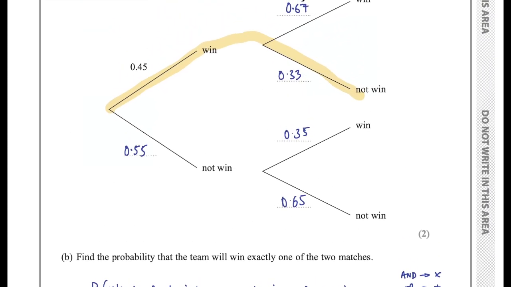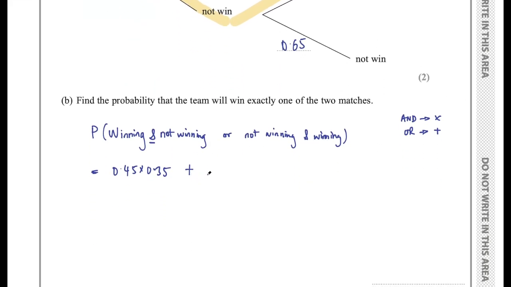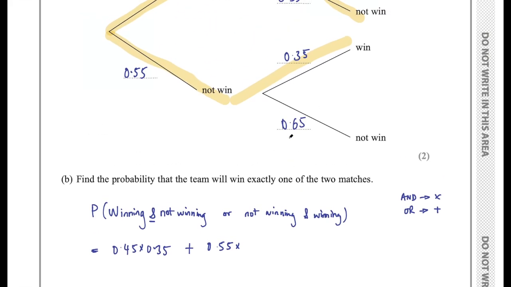That's this branch here, and we need to multiply those two. So 0.55 multiplied by 0.35.